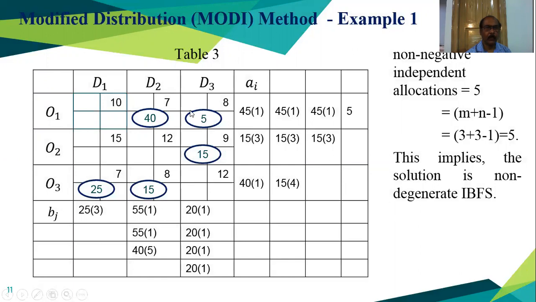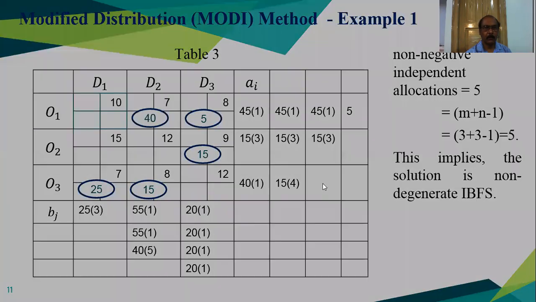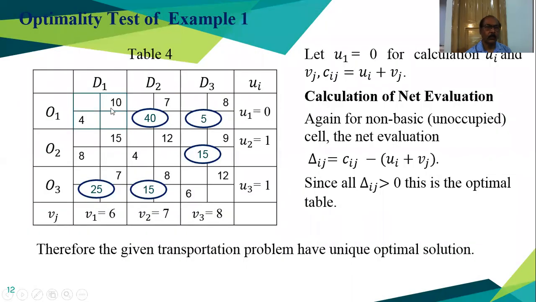Now with the help of this, we have to start the test of optimality. The test of optimality we can do with the help of the MODI method. For this we are considering two additional, one column and another row, by using the UV method.